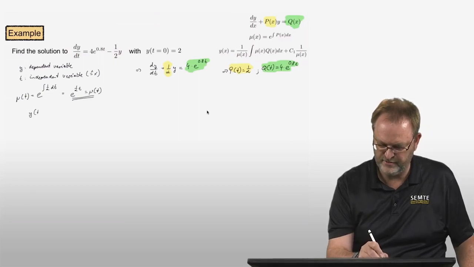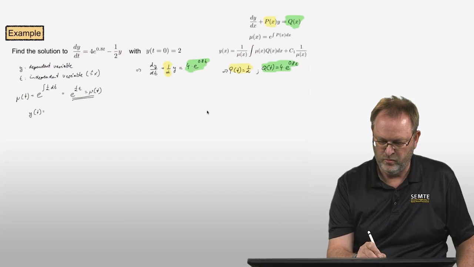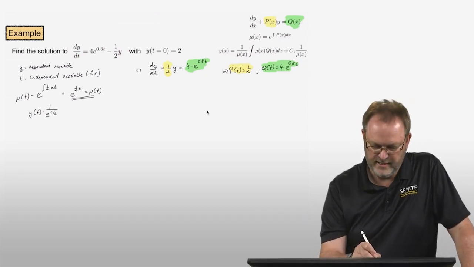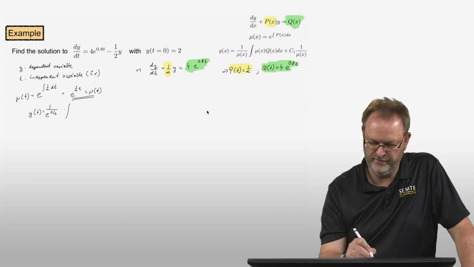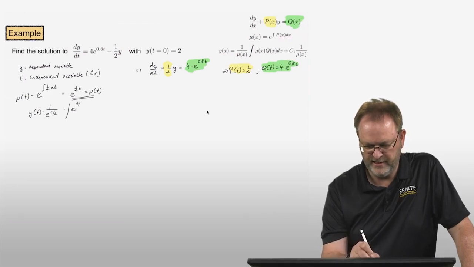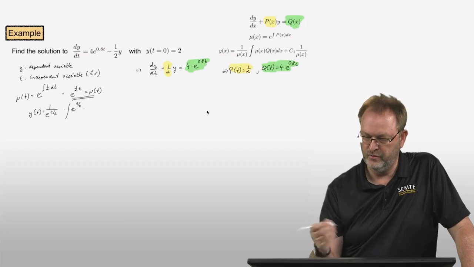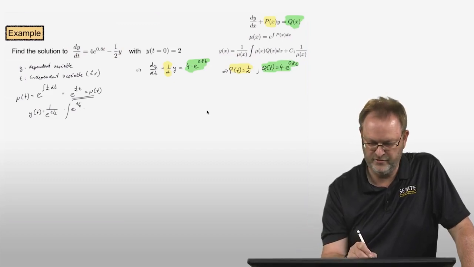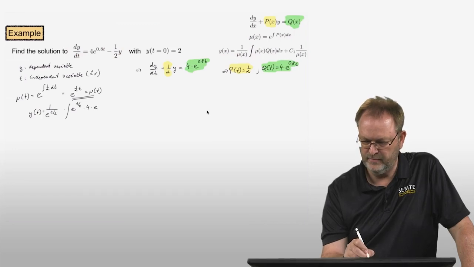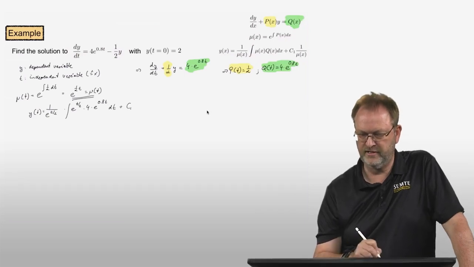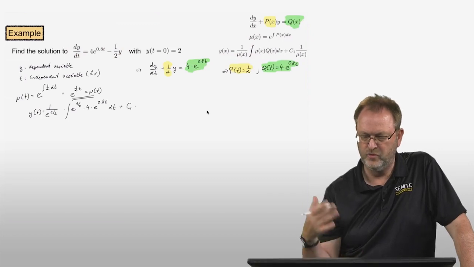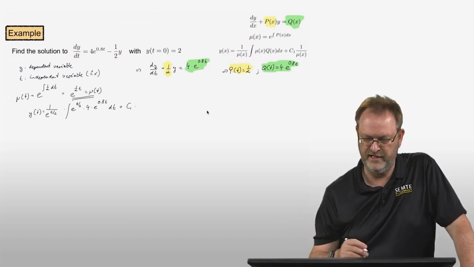So y of t, my solution will have this form. 1 divided by mu of t, so that's 1 divided by e to the power t over 2, times the integral of mu of t, e to the power t divided by 2, times q of t, that was my right-hand side, so that's 4 times e to the power 0.8 t dt, integral, plus integration constant c1 times 1 divided by mu of t.